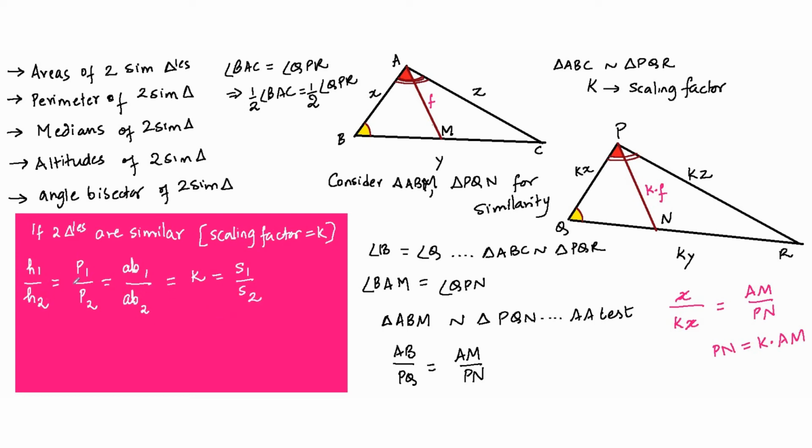So the ratio of the altitudes is the same as the ratio of the perimeters, is the same as the ratio of the angle bisectors, is the same as the ratio of sides, but the ratio of areas is equal to K square. That is, the area scales by the square of the scaling factor. This is what we have learned so far, and now we would like to move on to the ratio of the medians.